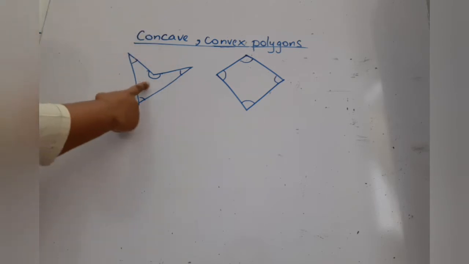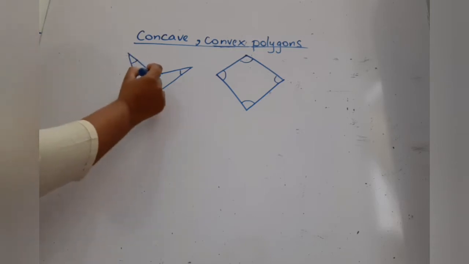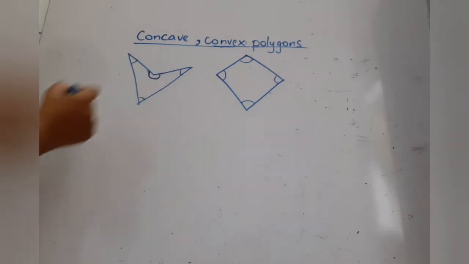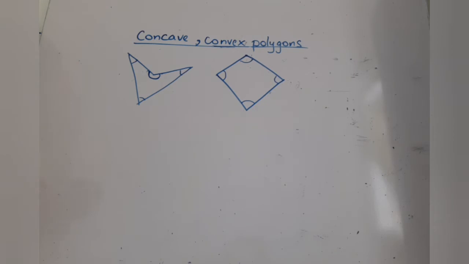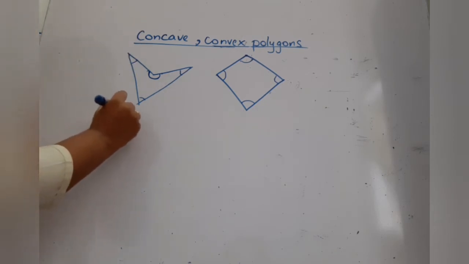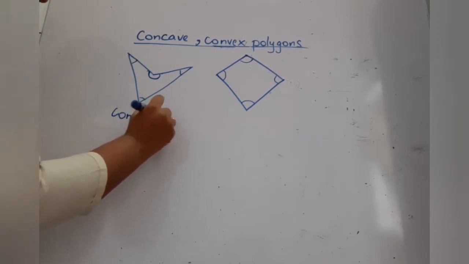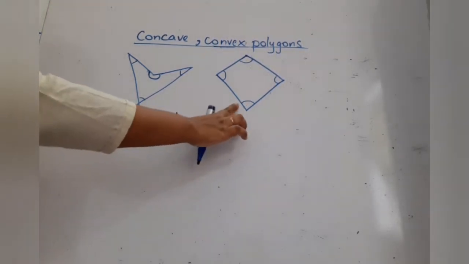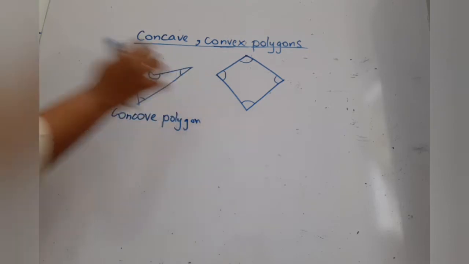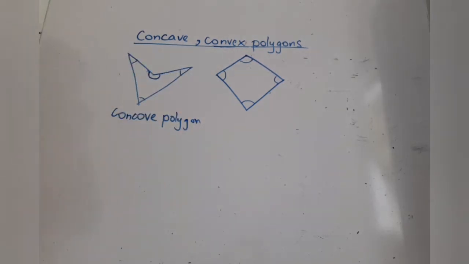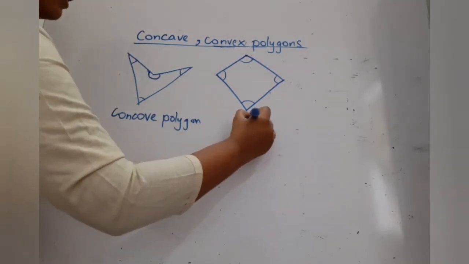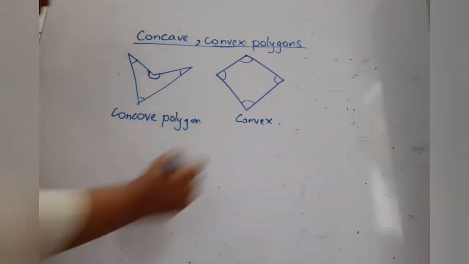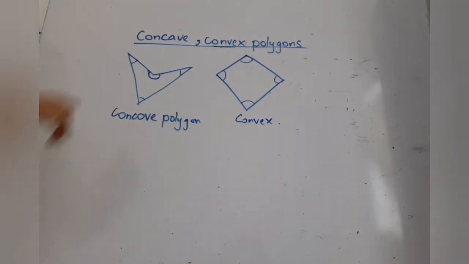As you can see, the first plane figure has one reflex angle, so it is a concave polygon. In this figure it doesn't have any reflex angle, so it is a convex polygon. Do you understand the difference? This is one method by which you can identify a concave polygon.